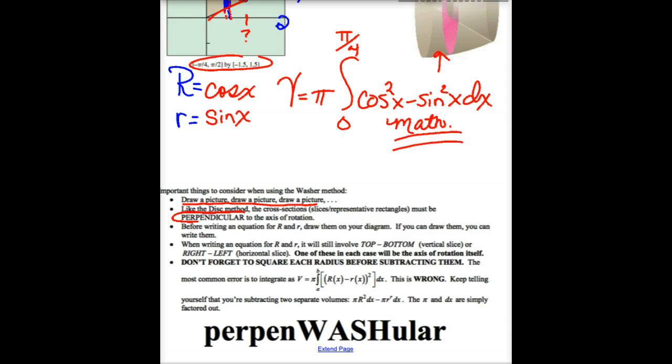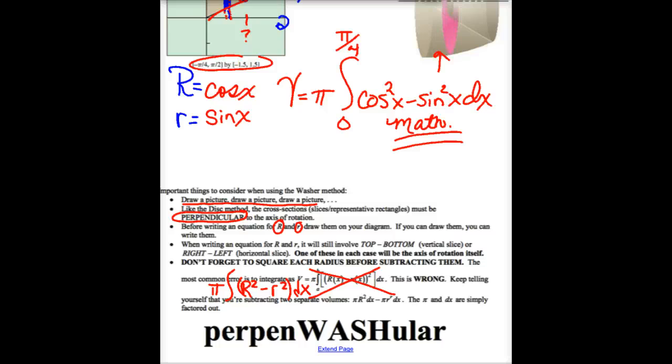Your rectangle always goes perpendicular to the axis of rotation. Identify axis to outer, axis to inner. Make sure when you write those that you don't write it as R minus r quantity squared. It's pi R squared h minus pi r squared h, where pi gets factored out the front, h is really dx or dy, which gets factored out the back, and for integration, constants come out front.